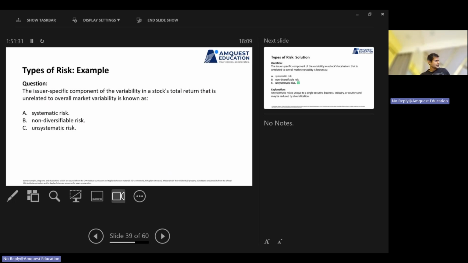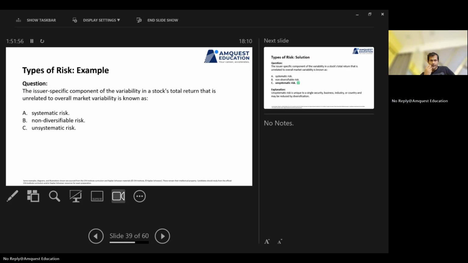So quickly, tell me what is the answer here? The issuer specific component of the variability. That was the answer.